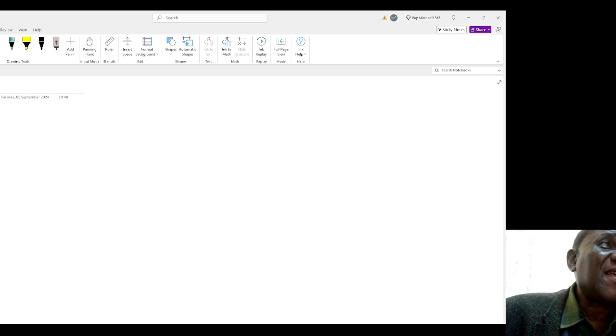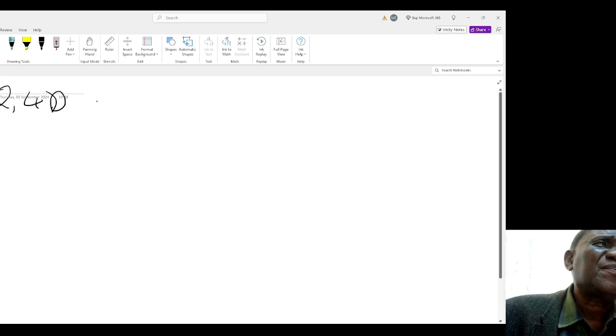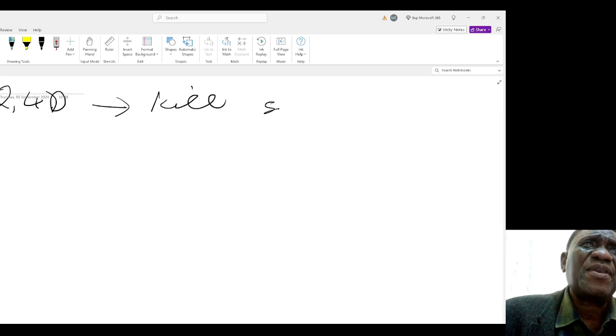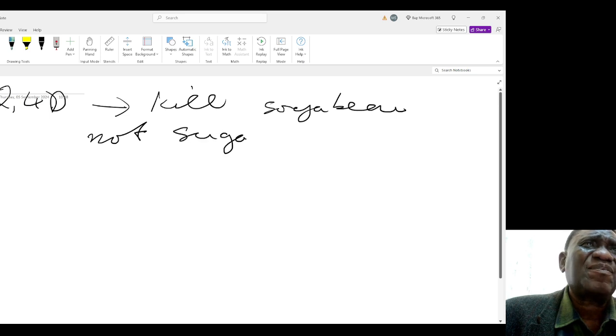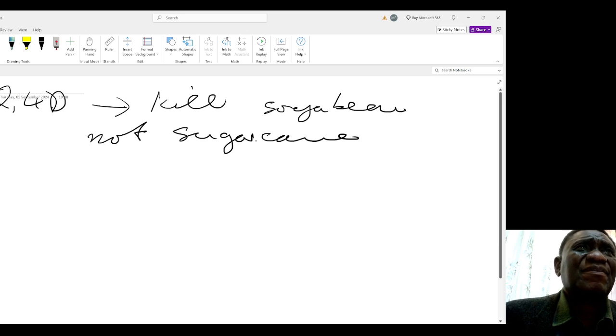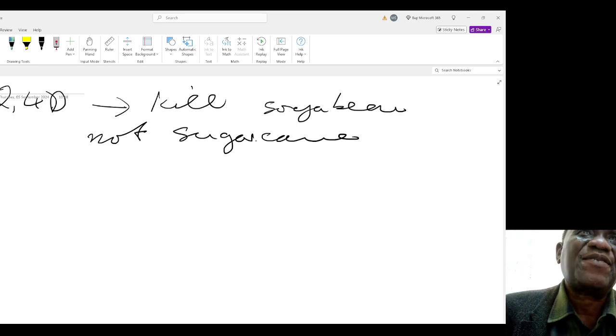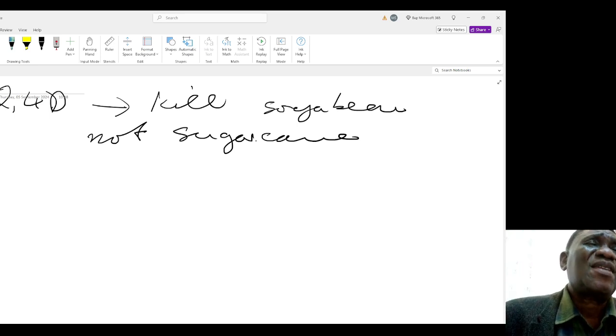We also have 2,4-D. It can kill soybean, but not sugarcane. The reason is that in soybean, the movement of 2,4-D is very fast compared to that of sugarcane.